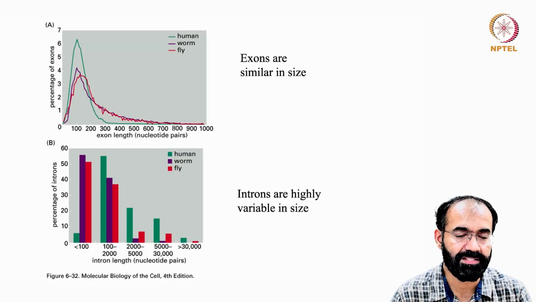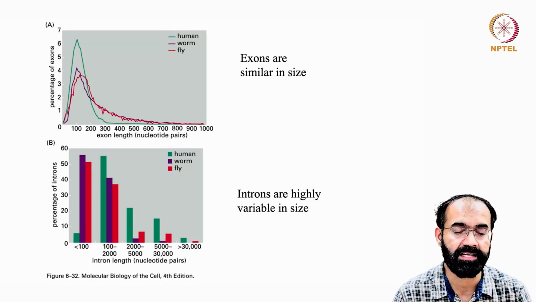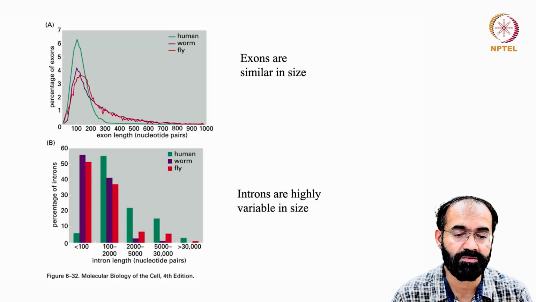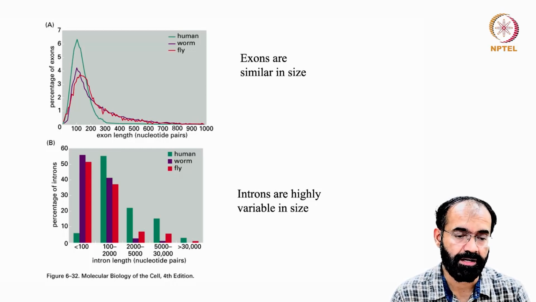As you see in this graph, no matter which animal you are talking about, whether human, worm, which basically means C. elegans, Caenorhabditis elegans, a model organism, or fly, which means Drosophila, the fruit fly, you can see the exon sizes more or less match in length. A length of 100 to 200, or maybe a maximum of 300 bases, is a major representation of exons in all these organisms.